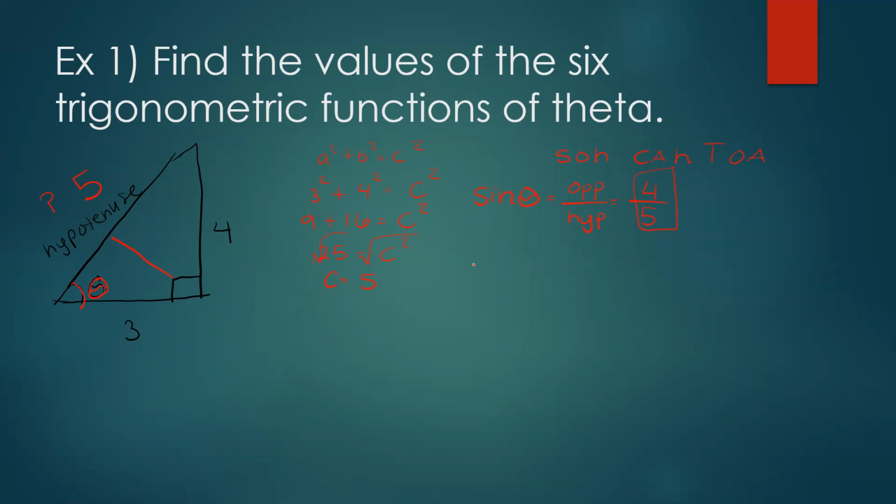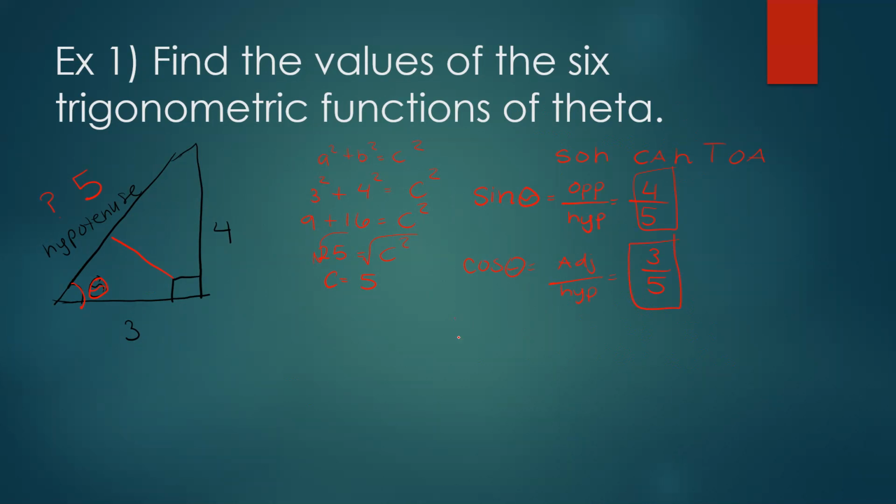Let me circle it. Let's find cosine theta. Cosine, based on SOHCAHTOA, is adjacent over hypotenuse, right? So here's our theta. Can you tell me the adjacent side? The adjacent side is 3, and then my hypotenuse is 5. Okay, that's what I got.